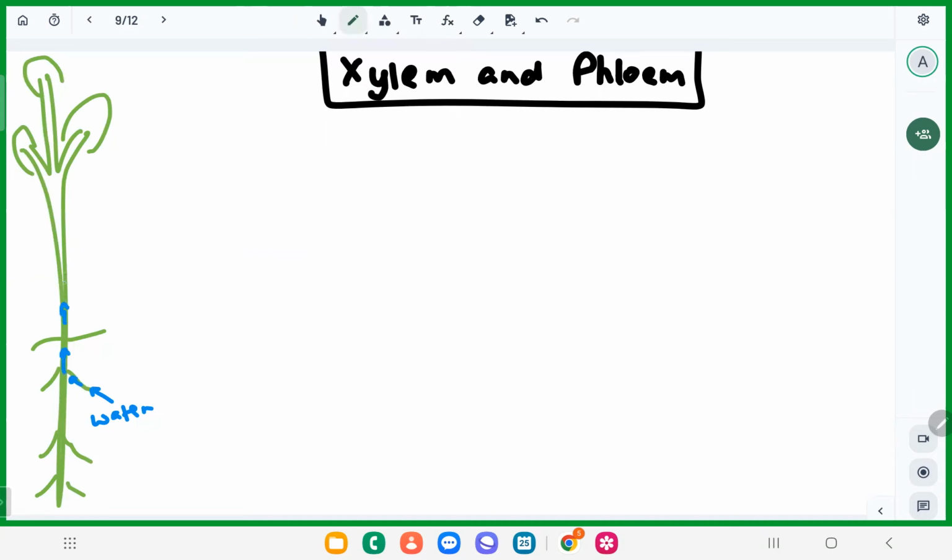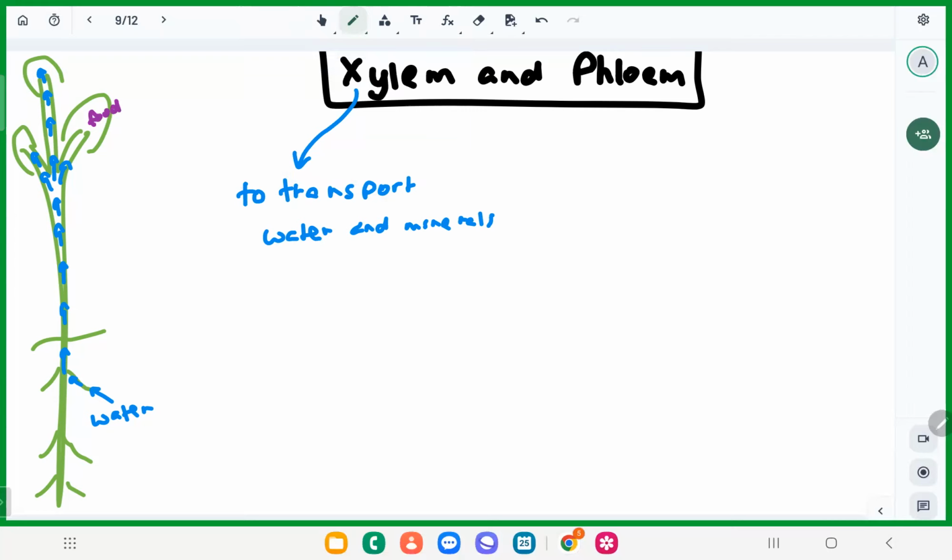So the function of the xylem tissue is to transport water and minerals up the plant, all right? And similar to transporting water, you know that a plant also produces food, right? Inside the leaves during photosynthesis, the plant produces food.